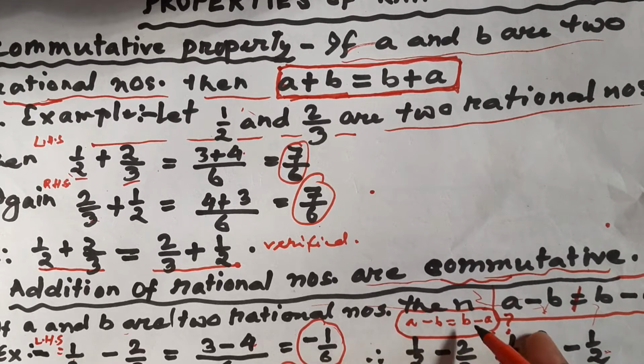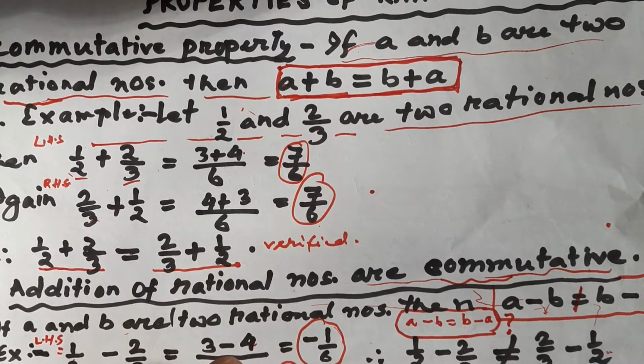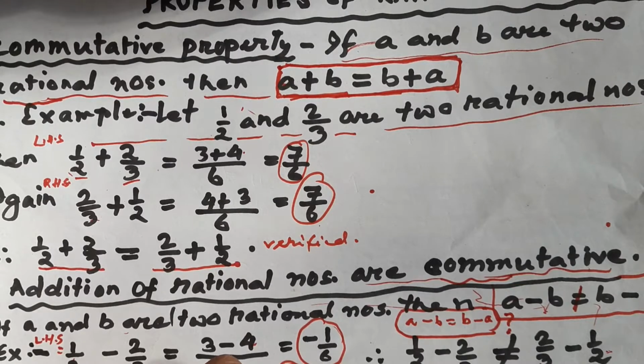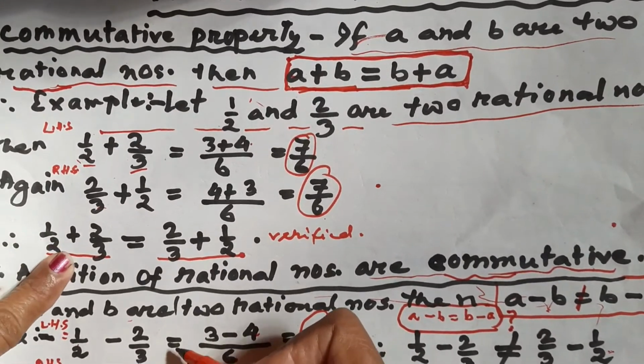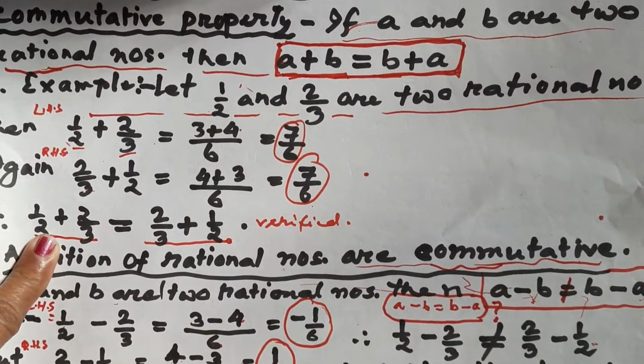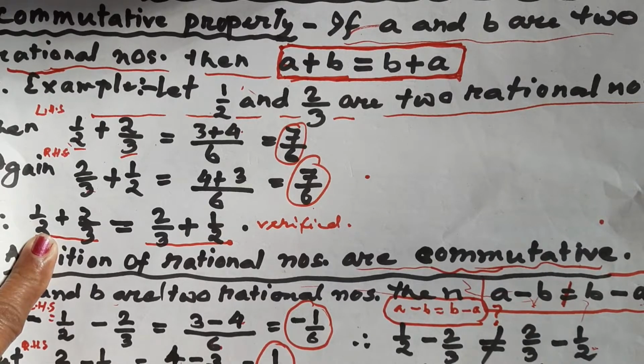Now we have to see what b minus a is equal to. So RHS equals b minus a, and we put 2 by 3 minus half. It will be equal to: 3 2s are 6, and 3 goes to 6 2 times, so 2 2s are 4, and 2 goes to 6 3 times, so 3 1s are 3.